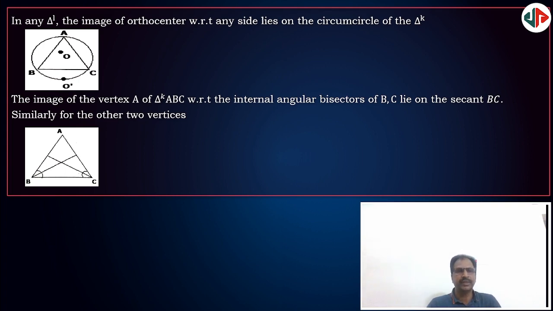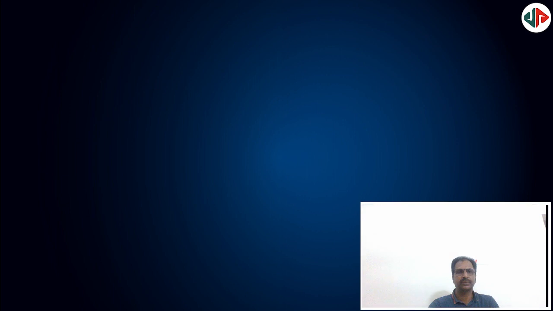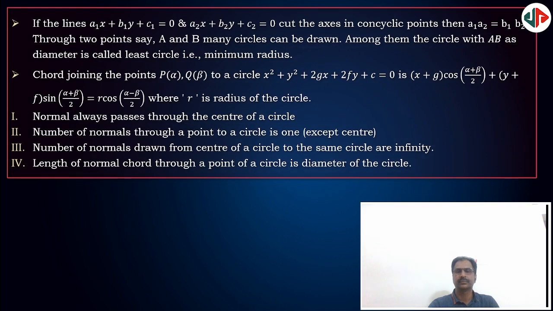Similarly, the image of vertex A of triangle ABC with respect to the internal bisectors of angles B and C. So these are the bisectors of angles B and C. The image of vertex A with respect to the internal bisectors of angles B and C lies on the line BC. These two points are very important.